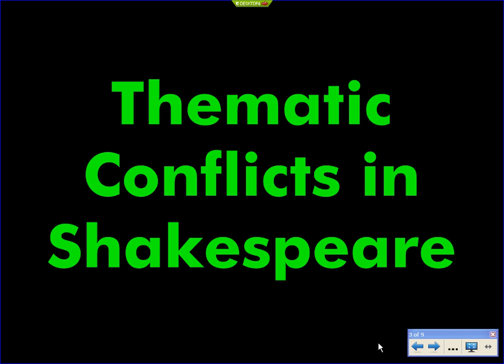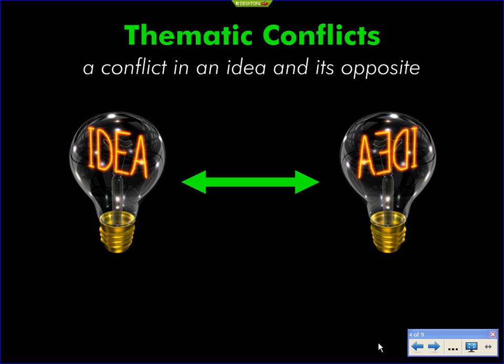A conflict in theme or ideas is just that, a conflict between an idea and its opposite. So two different ideas conflicting. The important relationship to understand is that the literary conflict usually brings into play the thematic conflict.